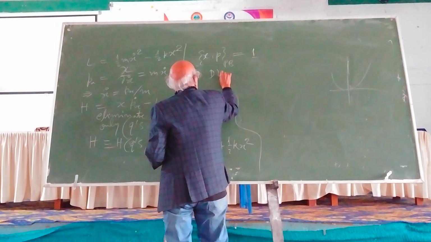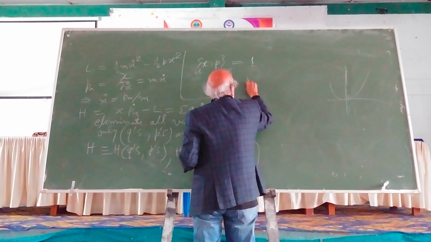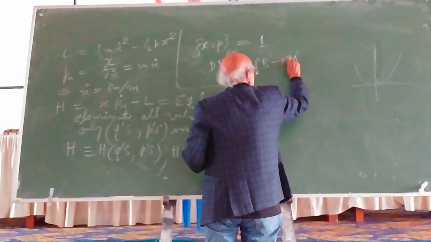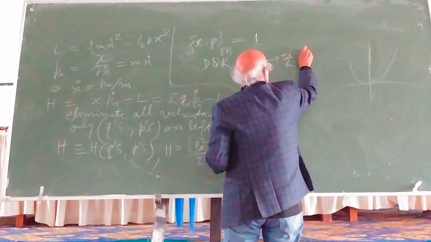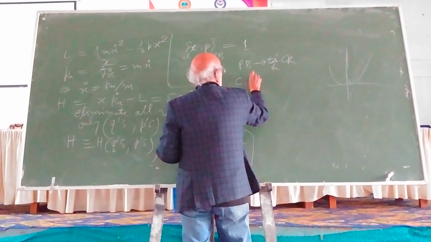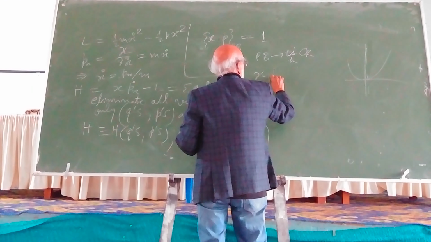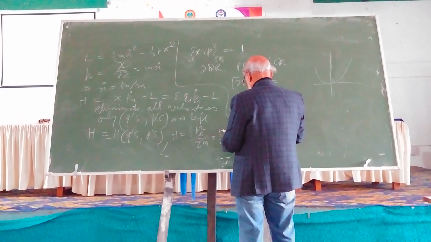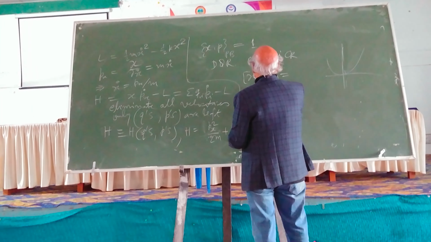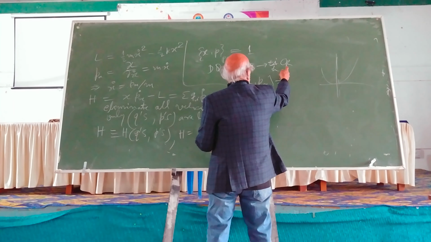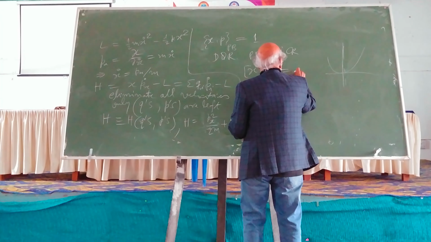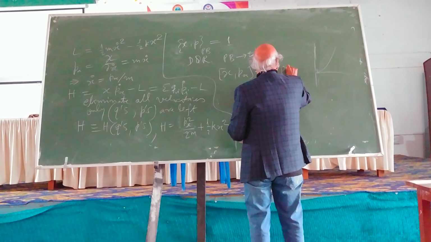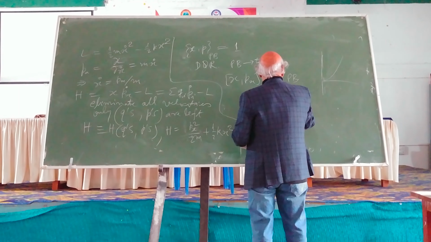And if you use the Dirac quantization rule, which says that the Poisson bracket corresponds to minus iota by h cross times the commutation relation, you immediately find that the commutator of x and Px is iota times h cross times the Poisson bracket, which is 1, so iota h cross.